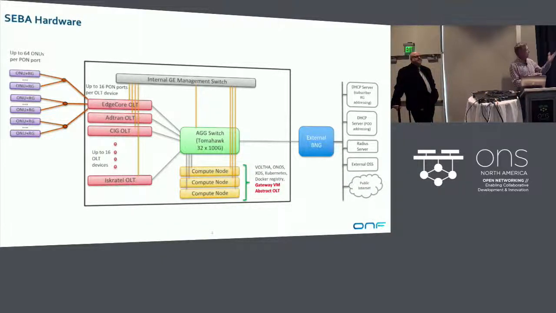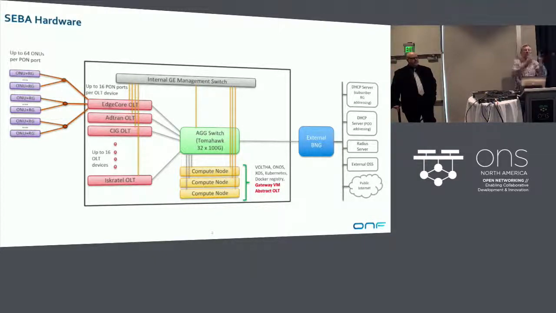SEBA also has an aggregation switch that is connected to some number of white box OLT devices. I'm showing those in red here. We can span out to 16 of these OLT devices in the configuration that we're working on. Just a little context: this is a general architecture, but the exercise here is how do we harden this and size it in preparation for production deployment, which is part of the Akraino story.